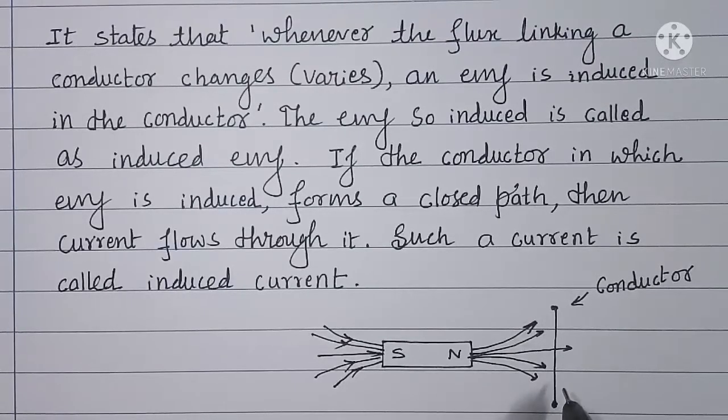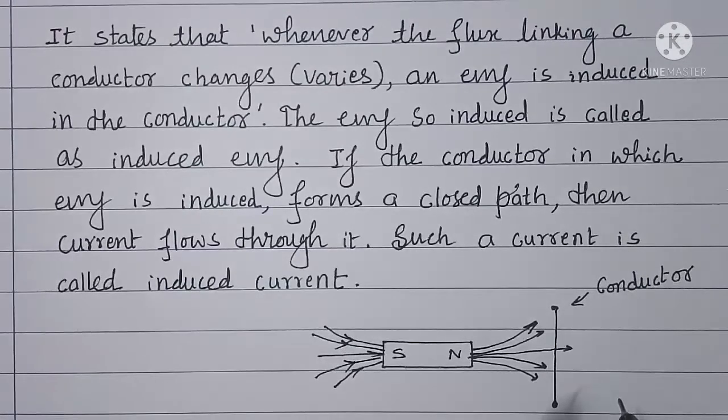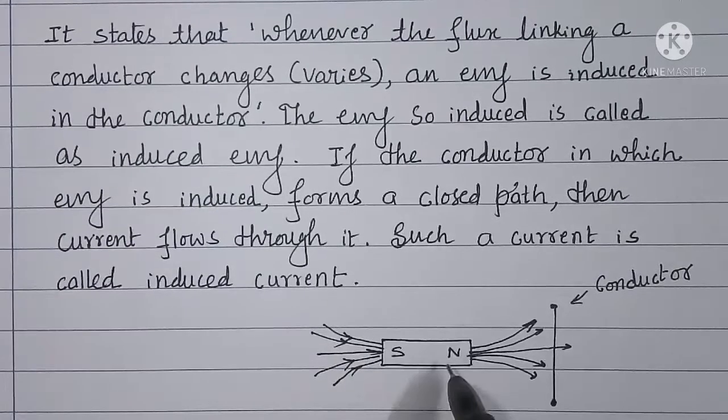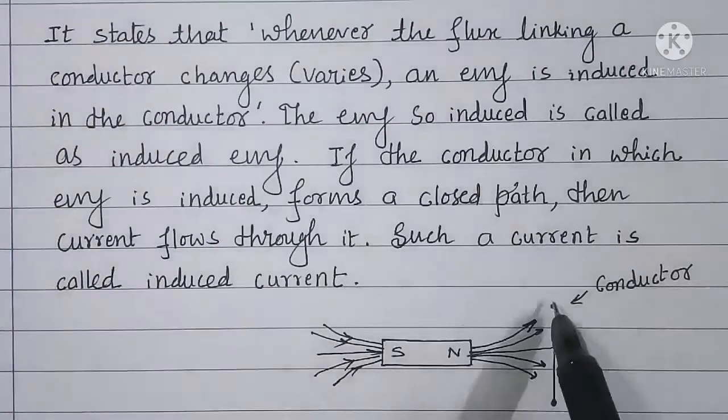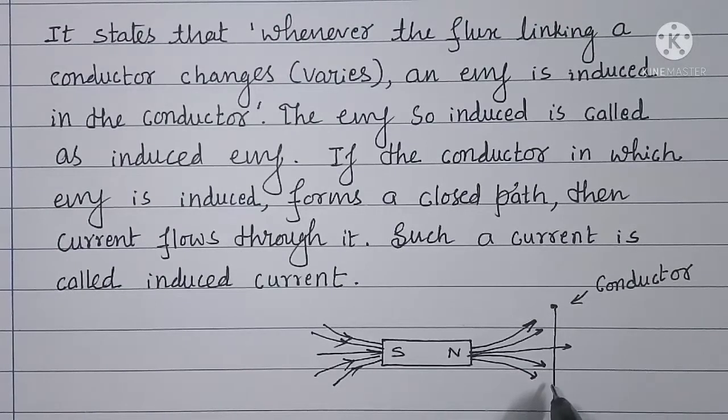The flux linking with the conductor may be made to vary with respect to time in different ways. That is, either by rotating the conductor in magnetic field, or moving the magnet to and fro keeping the conductor fixed, or by moving the conductor to and fro in the magnetic field keeping the magnet fixed.